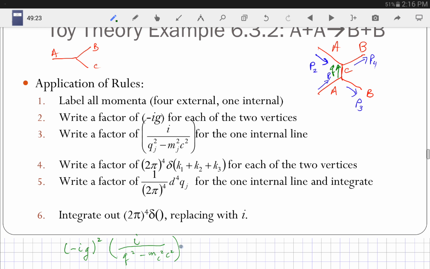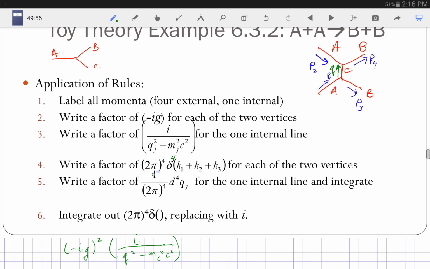That mass is the mass of C, so I put M sub C. Why M sub C? Because the internal line is a C particle.